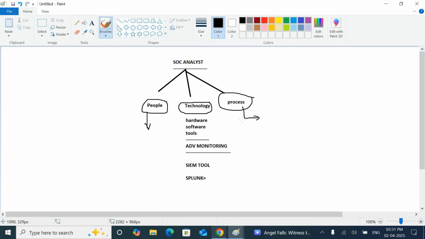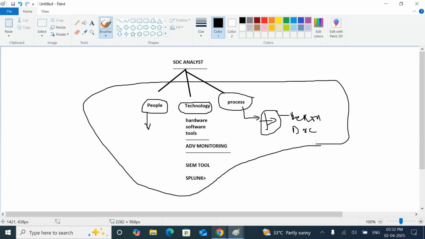After that, you need to follow the pattern and review the specific pattern or signatures from the suspicious activity. That needs to be taken as a lesson learned and as documentation. All this we consider as the process.